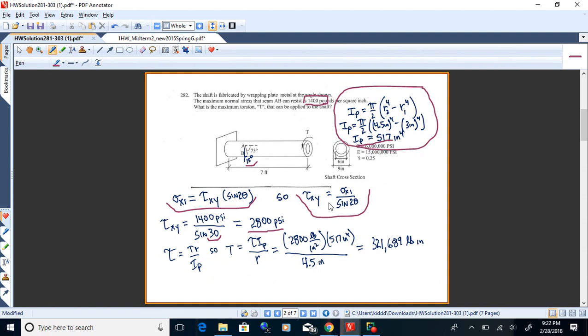So what I do there, I find the shear stress based on equating that to sigma x1 over sine 2 theta. I find that by just rearranging this normal stress equation here. So I get tau xy as sigma x1 over sine 2 theta.